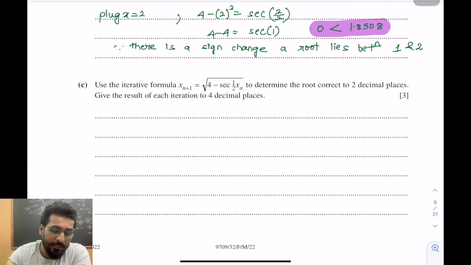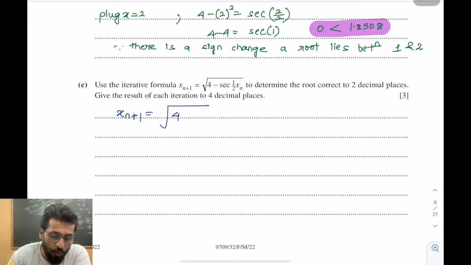So I have xn plus 1. Students, xn plus 1 is given to us. xn plus 1 is equal to under root of 4 minus sec of half xn. So I'll just write it over here. So I have xn plus 1 is equal to under root of 4 minus sec of half xn.